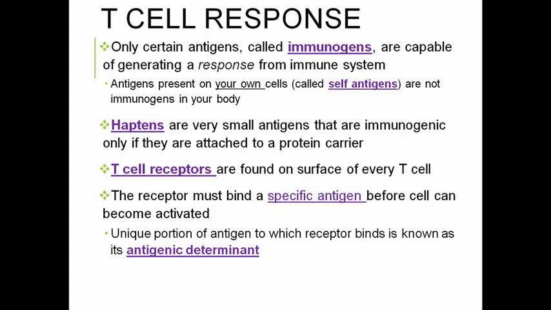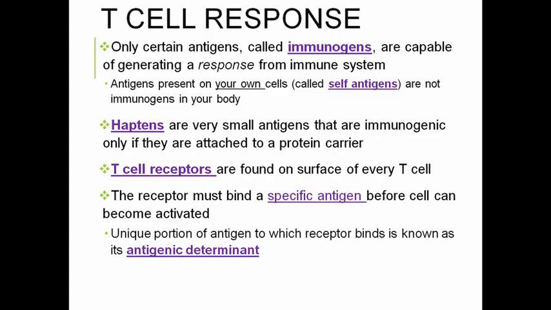They're usually by themselves not recognized by the immune system, but when protein carriers pick them up, these haptens are the small antigens that will create an immune response. So some examples of haptens will be detergents, pet dander for some people, different grains and grasses in the air, pollen. All of those are small antigens, and they're called haptens.